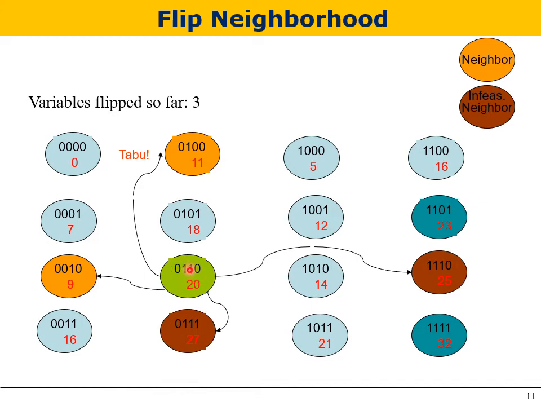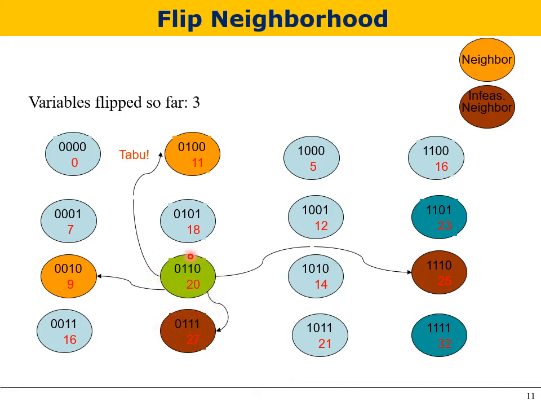If we flip the third one, we will return back to this one, but it is a Tabu move, but still we generate it, okay? But it's Tabu. And how do we know that it's Tabu? Because we flip the third one and this 3 appears in our Tabu list. Okay, and then if we flip the fourth one, we go to this solution and it's also infeasible.